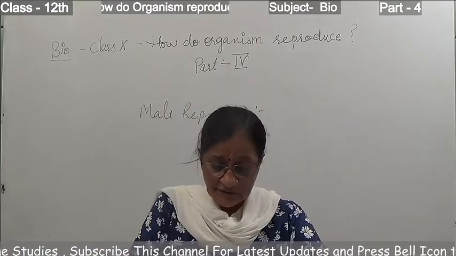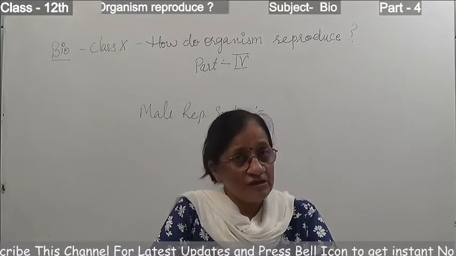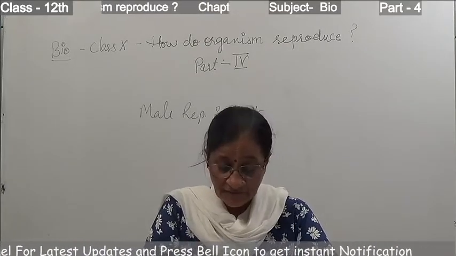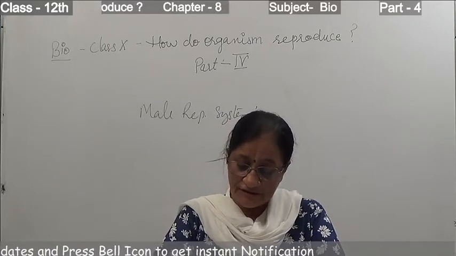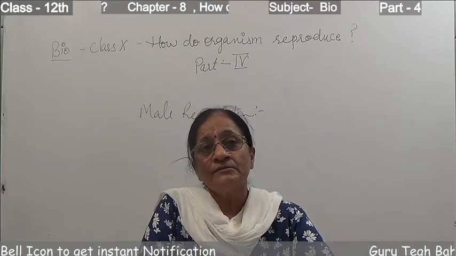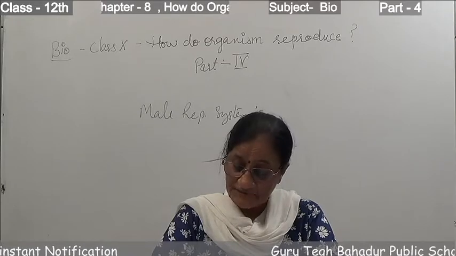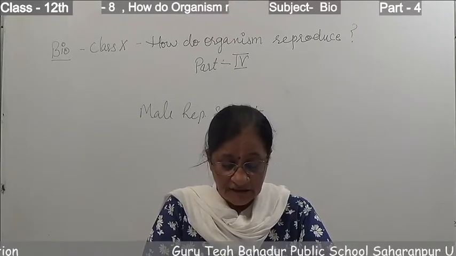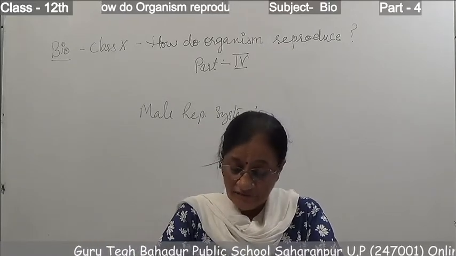The male reproductive system consists of the portion which produces the germ cells and another portion that delivers the germ cells to the site of fertilization. It consists of a pair of testes, then scrotum, vas deferens, prostate gland and seminal vesicle.